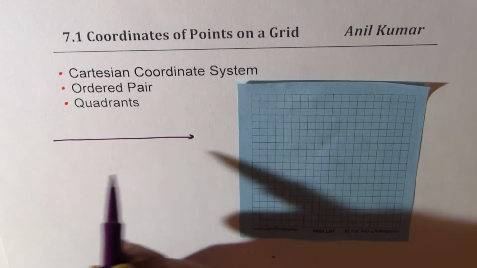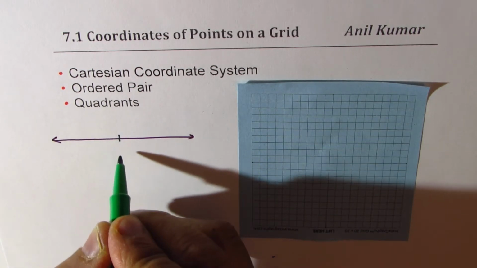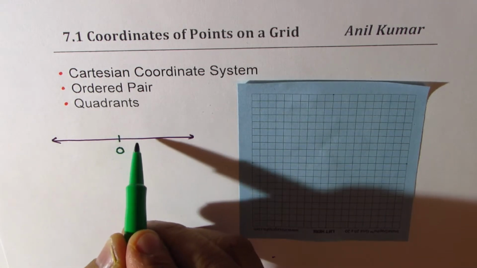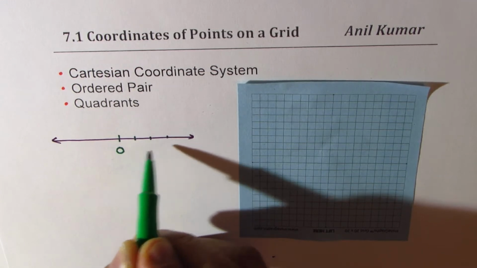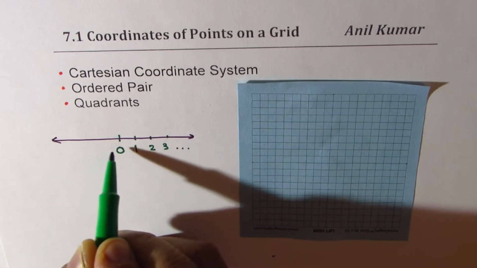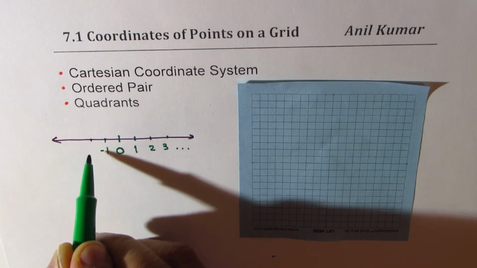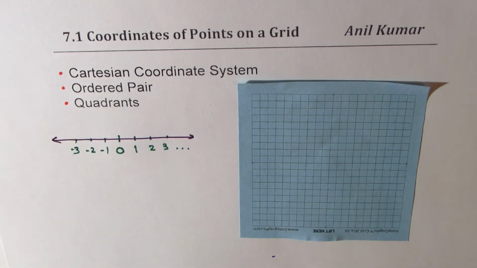So earlier, you learned about a number line, which gives you position with reference to one point, and that point is referred to as the zero. Numbers on the right are written with positive increasing numbers like 1, 2, 3 and so on, and numbers on the left of 0 are given negative values, negative 1, negative 2, negative 3 and so on.